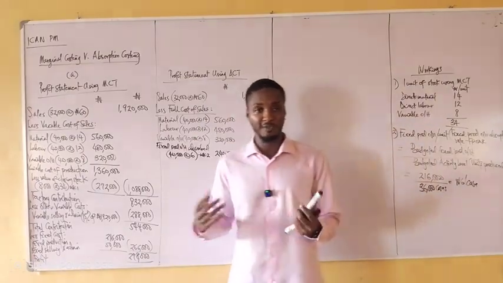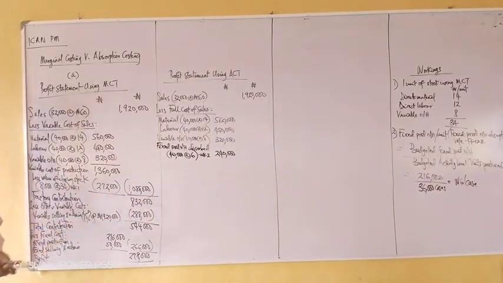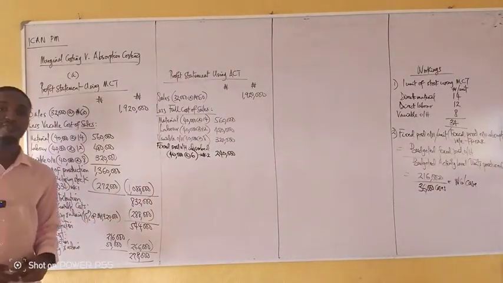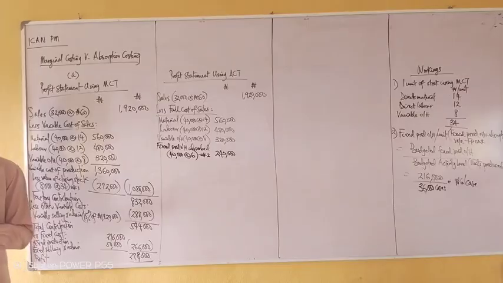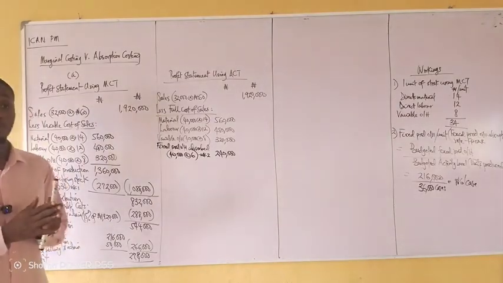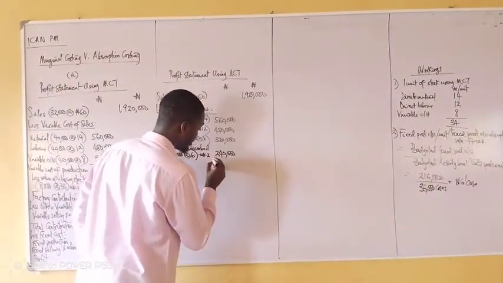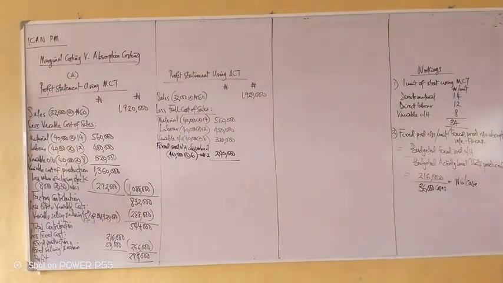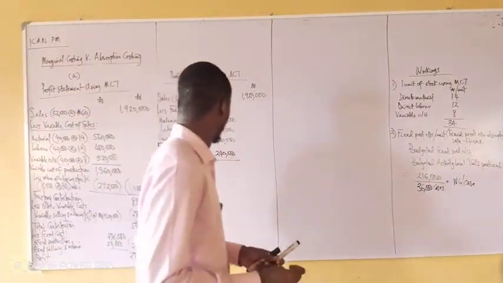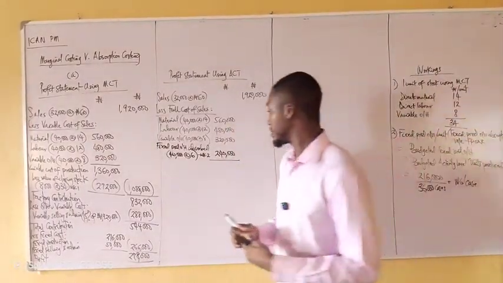But because of the absorption process, we are now arriving at 240. We cannot take this 240 at face value. Even if we first put it here, we still have to even it out through what we call over or under absorption. I will give you a note of that, but let's add all of these things first.